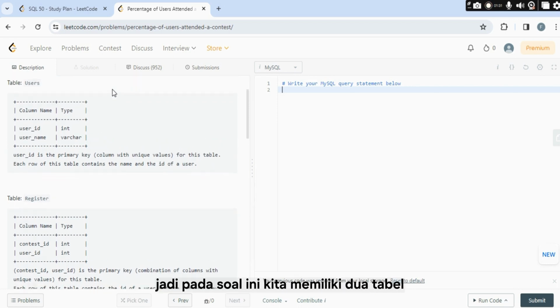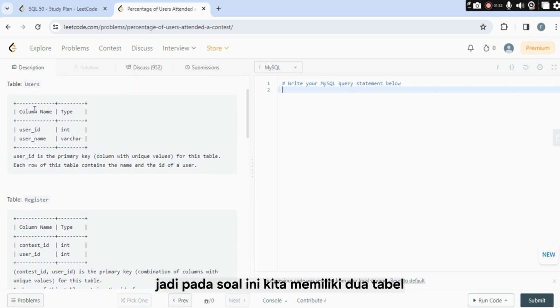In this problem we have two tables, users and register. In table users there are two columns, user ID and username, and the types are integer and string or varchar.